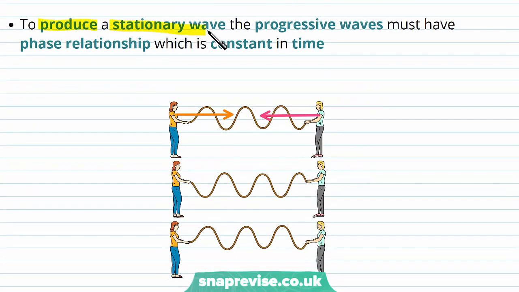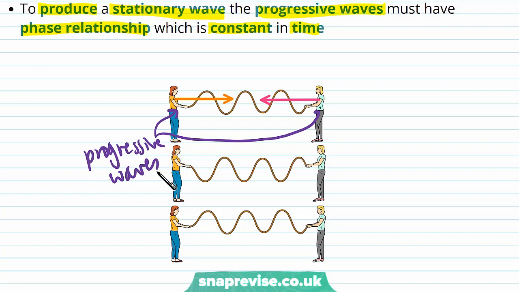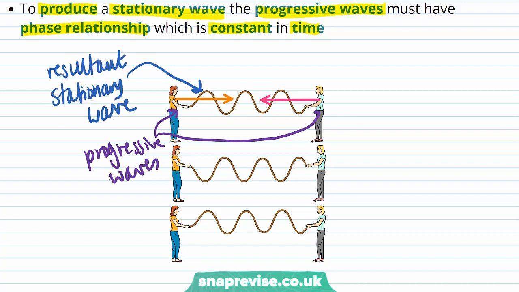To produce a stationary wave, the progressive waves must have a phase relationship which is constant in time. Each of these people here is producing a progressive wave, and when these two progressive waves interfere, we end up with a resultant stationary wave, which is what we see on the string. Over time, through the centre here, we have a fixed point of constructive interference.